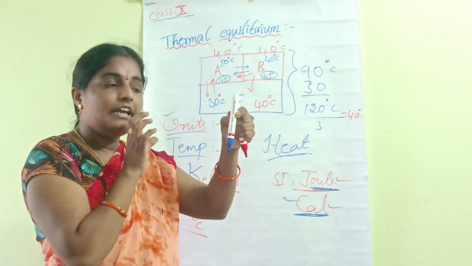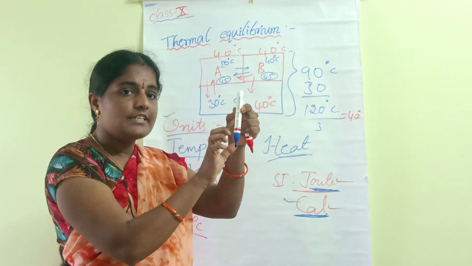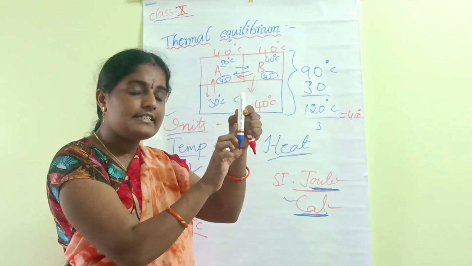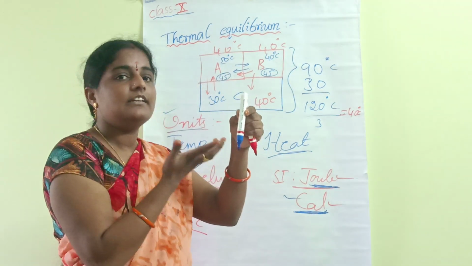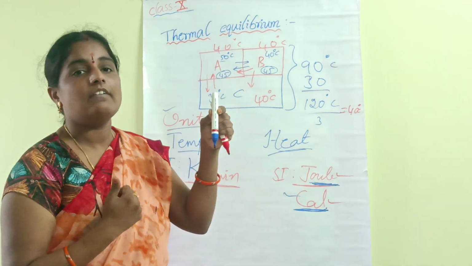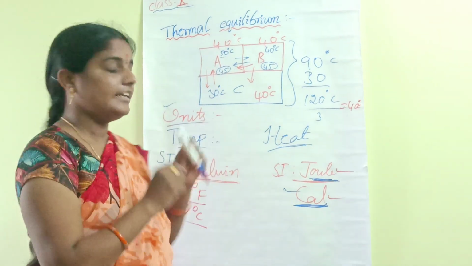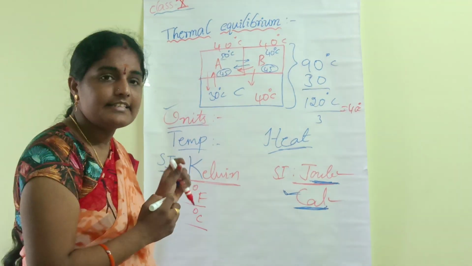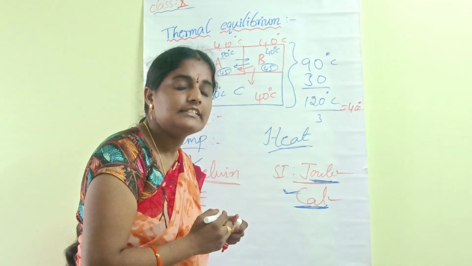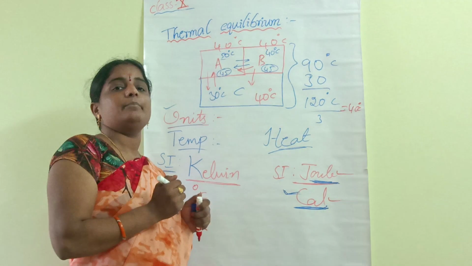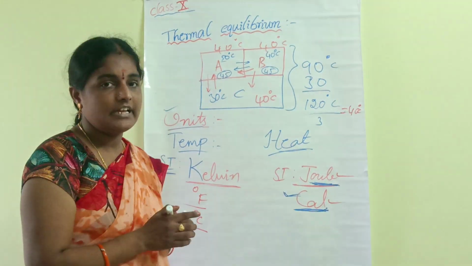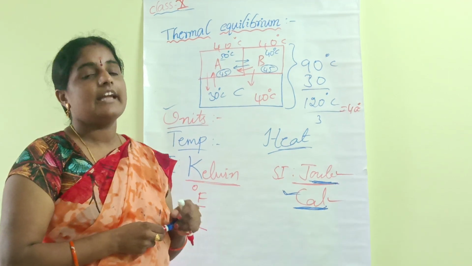The amount of heat energy required for that is the calorie. Calorie is the amount of heat energy required to raise the temperature through 1 degree Celsius. In that way we have to define the calorie.